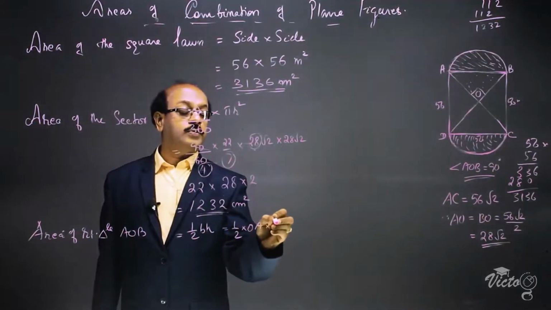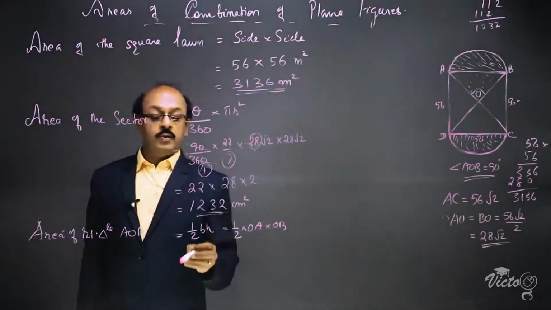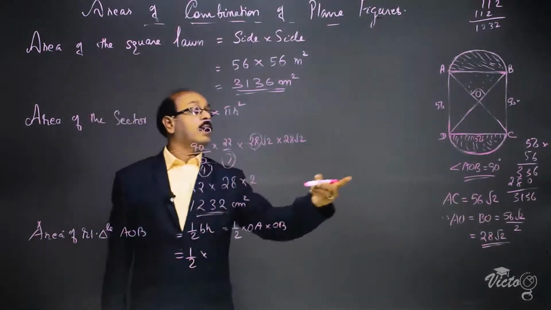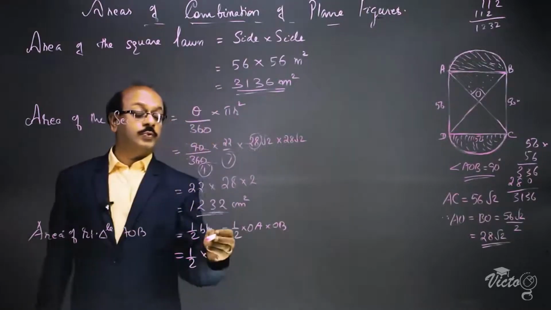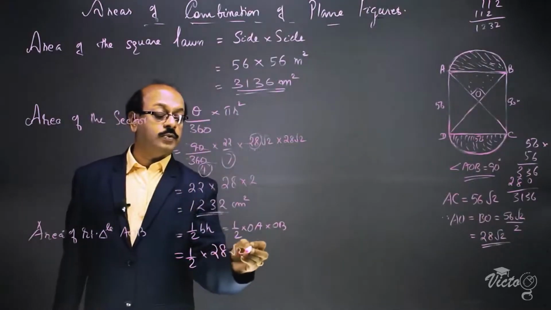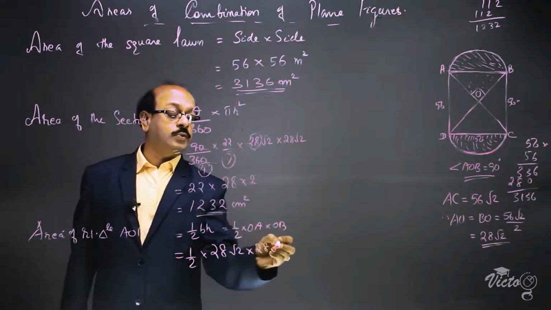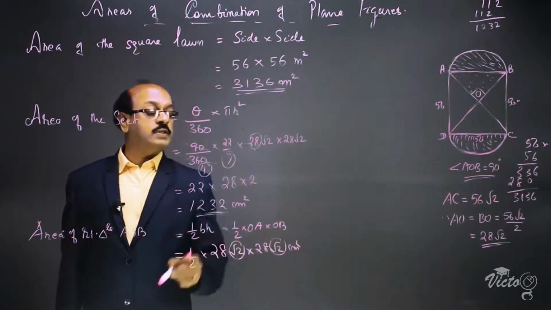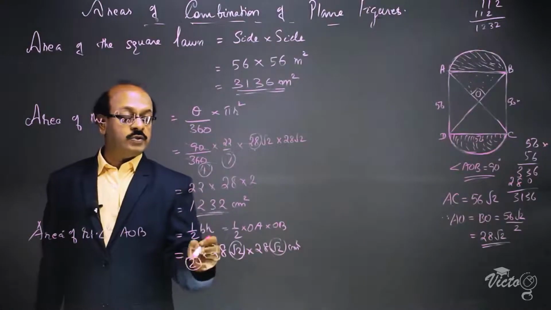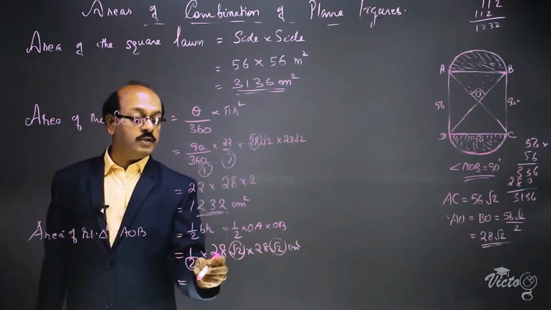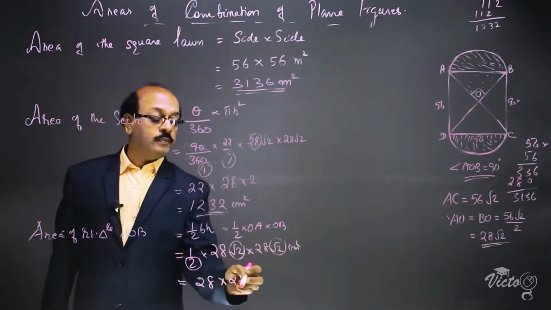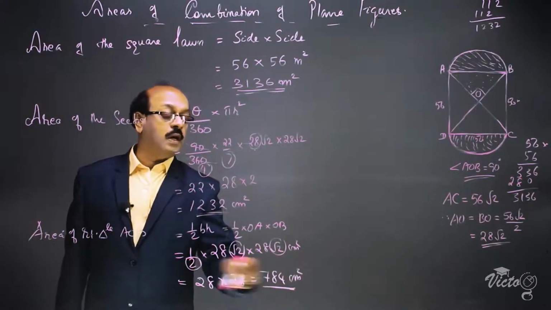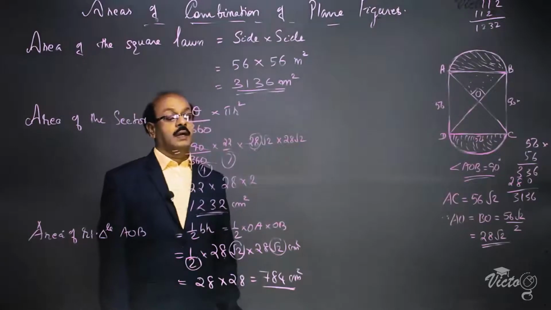Giving values, half into 28 root 2 into 28 root 2 meter square. Now, root 2 into root 2 is equal to 2. Cancelling with this 2, the remaining quantity is 28 into 28, which is equal to 784 meter square, the area of the right triangle AOB.